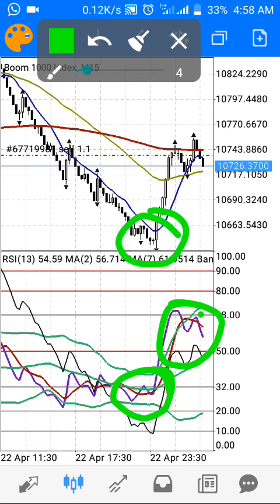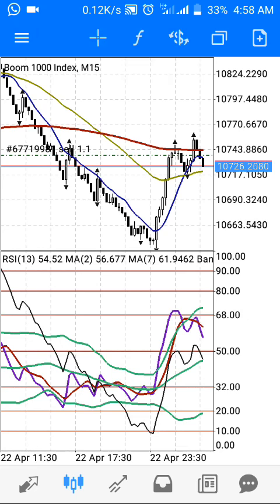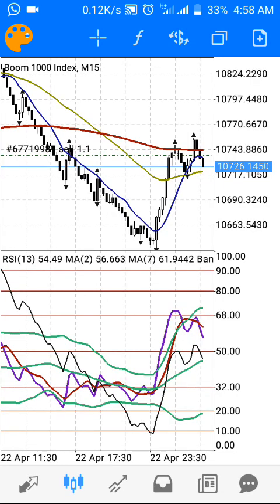If you can point it out, you are on the good side of forex trading, knowing what the market will do before it does it, predicting the future of the market. That is what we use to predict the future of the market, understanding your formation.